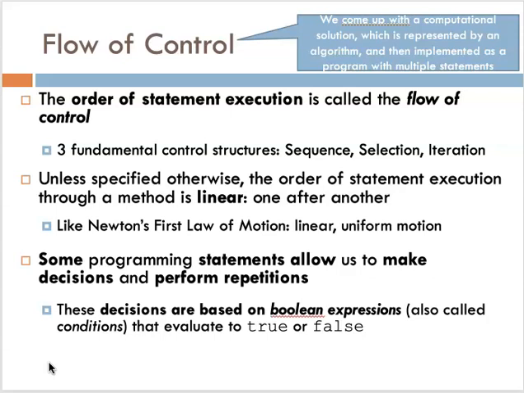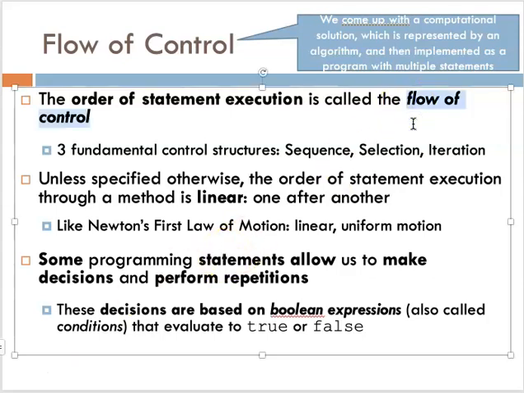But in the end, that computational solution, or algorithm, is then implemented as a program which consists of multiple instructions or multiple statements that will eventually solve the problem. And so the order of statement execution is called the flow of control. And these three fundamental control structures, sequence, selection, and iteration, control how that flow moves.